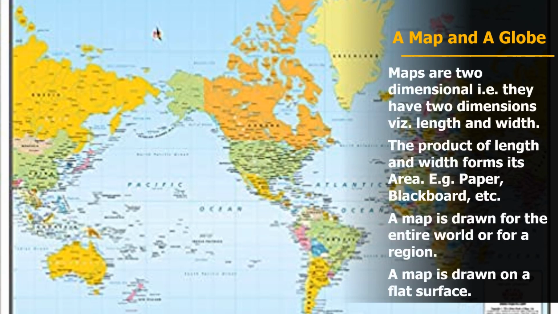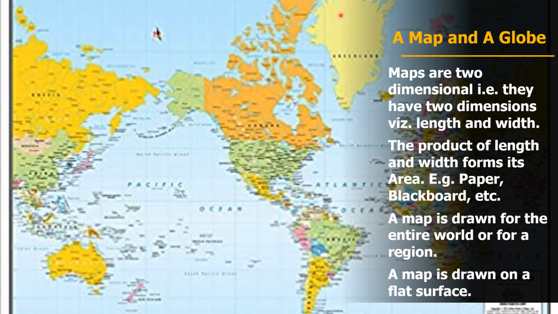Now the map and the globe, both devices have different dimensions. Now dimensions mean the length, width, height of any object or anything. So similarly, maps have 2 dimensions. So this is the map provided to you in the background. It has 2 dimensions.